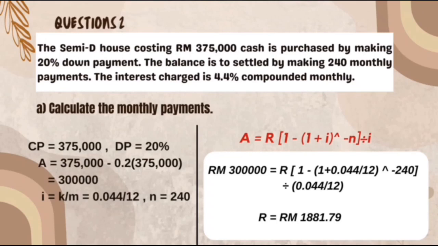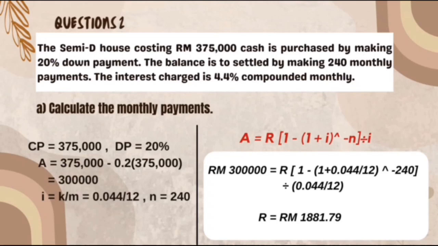So, the first step is we need to list all the information given. The cash price is 375,000 and the down payment is 20%. So, to find A, the cash price minus 20% down payment multiplied by the cash price, and the answer is 300,000. Next, the formula for I is K per M, which is 0.044 per 12, and number of payments N is 240. For this question, we need to use present value.